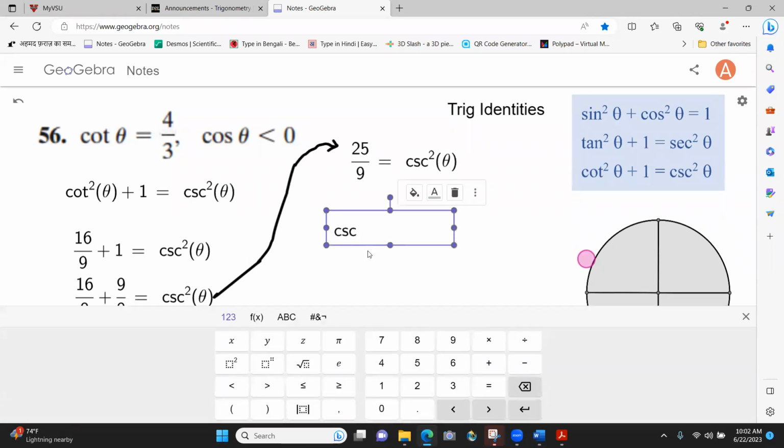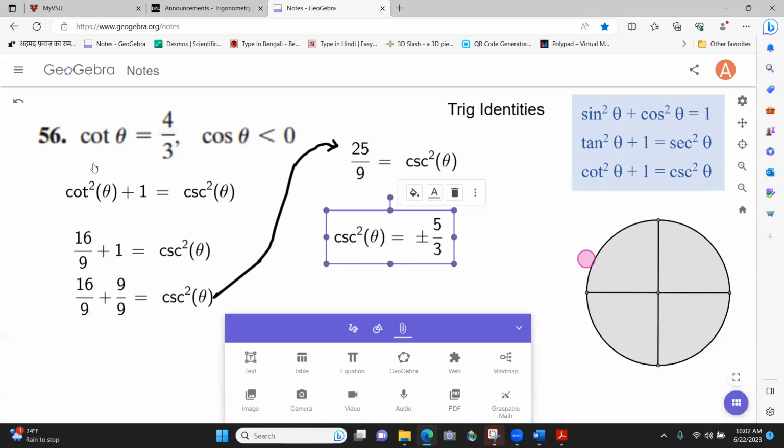I get cosecant squared theta is equal to plus minus, what is square root of 25? 5. What's square root of 9? 3. Much better. You're less likely to make a mistake. Remember last time I left 16? So I'm just trying to avoid such an error. Now, I have to carefully analyze and convince you of the right sign.